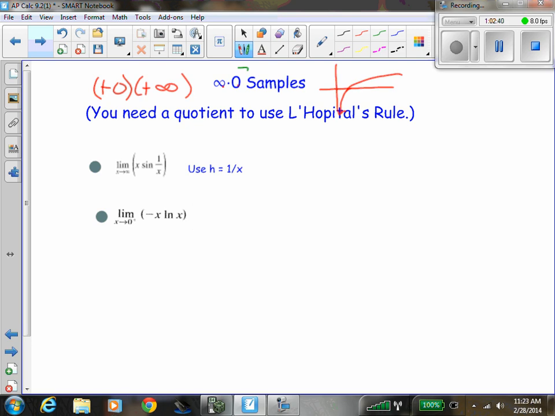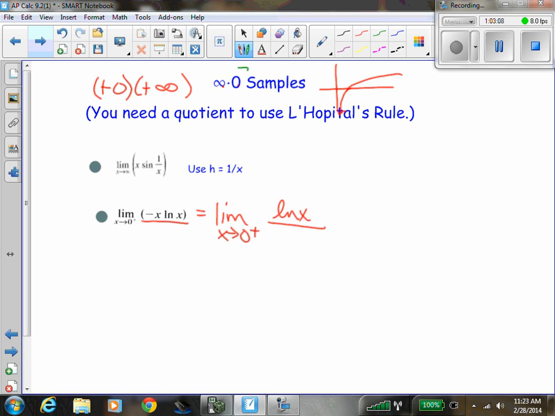You got a negative times a negative, so this is one of those infinity times 0 or 0 times infinity cases. All right, now, if we write this one, we're going to go to the limit as x approaches 0 from the positive side. Now, how can I write this and make a quotient? Well, it's going to be easier to take the natural log to the bottom, doing something to get this to the bottom. So we could write this as natural log.